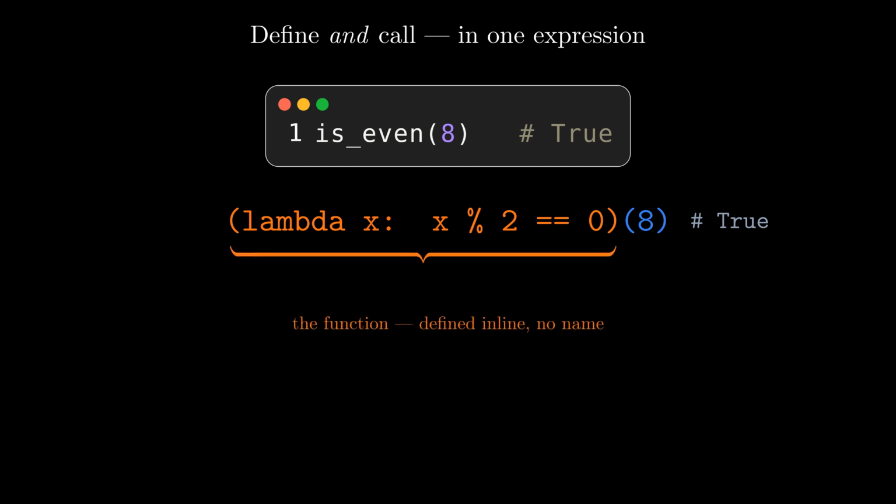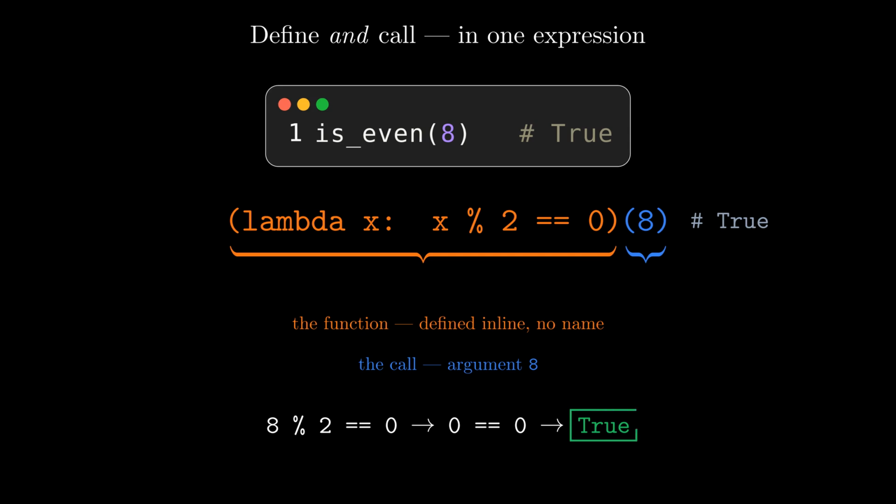Read the first part, lambda x: x % 2 == 0, as the entire function definition written inline with no name. Read the trailing parentheses around 8 as calling that function with the argument 8. So the whole thing defines a function and immediately calls it on 8. 8 mod 2 is 0, which is equal to 0, so the expression evaluates to true. Exactly what isEven of 8 would give.